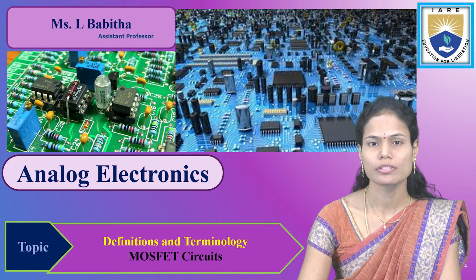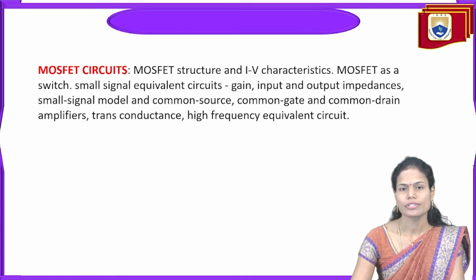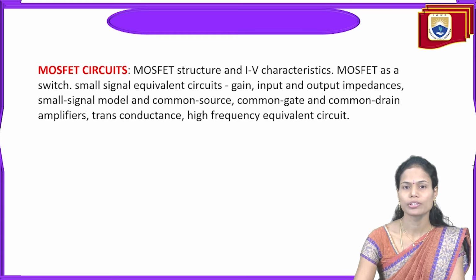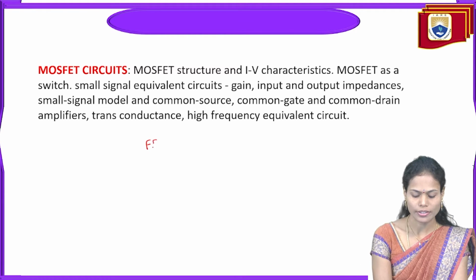In this session, I am going to discuss different definitions as well as terminologies which are going to be utilized in the MOSFET circuits. So in this MOSFET circuits module, we are going to discuss the FETs, that is field effect transistors.